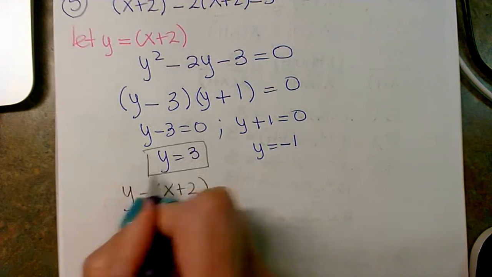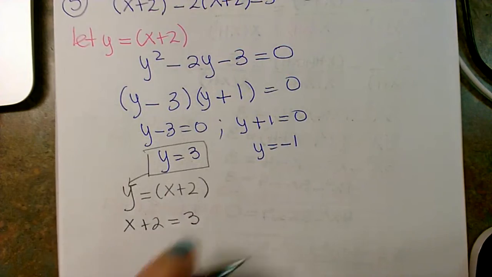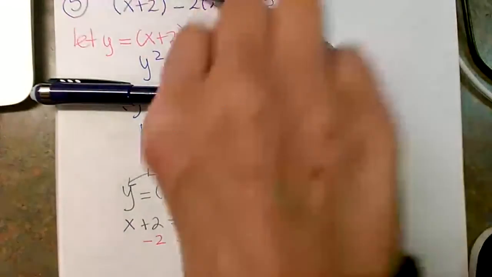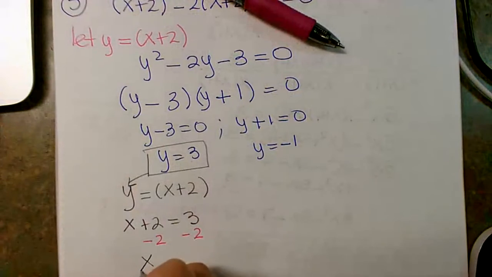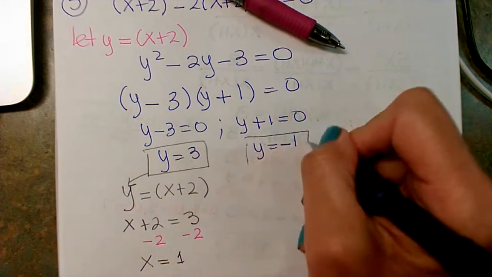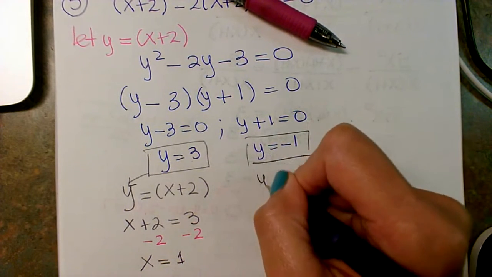Here says y equals to 3. So x is going to be equal to 1 on this side. Now let's do this one. It says y is equal to negative 1.